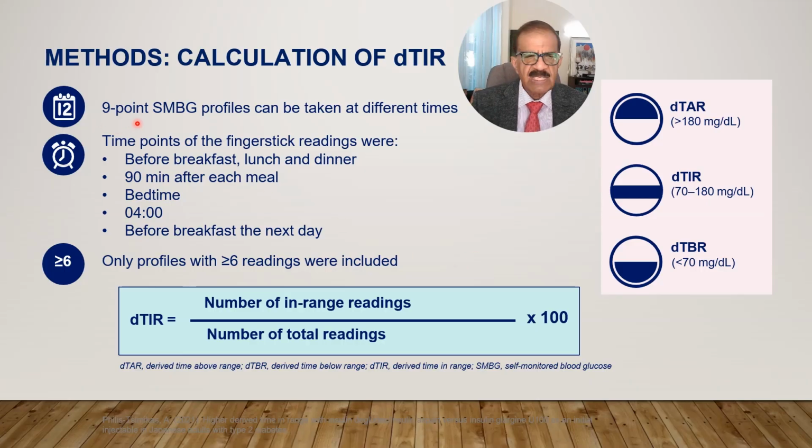A 9-point self-monitoring of blood glucose profile can be taken at different time intervals. The time points of the fingerprick readings are before breakfast, before lunch, and before dinner. So this gives you pre-meal values, then 90 minutes after each meal, which would give you the postprandial or highest value, then at bedtime, and then 4 a.m. in the morning, because this is the time when there is a possibility of hypos, and then before the next breakfast.